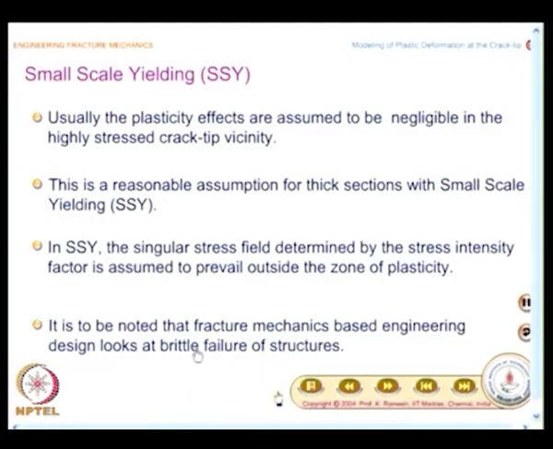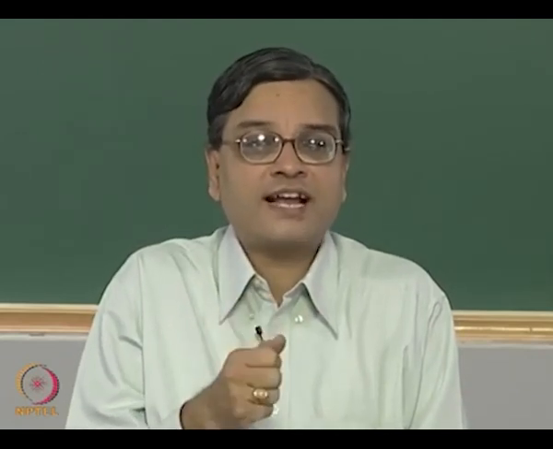And what is reminded here is that fracture mechanics based engineering design looks at brittle failure of structures. The structure as a whole fails in a brittle fashion, but what happens at the crack tip, certain amount of plasticity effects also dictate what happens and how this is handled. That is the way we have to look at it.